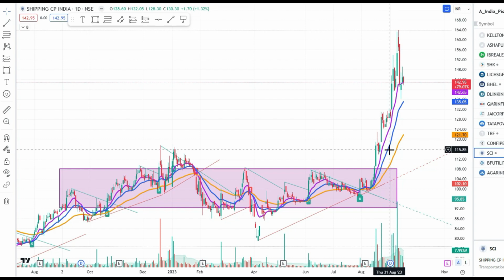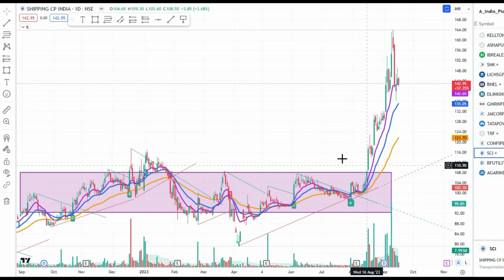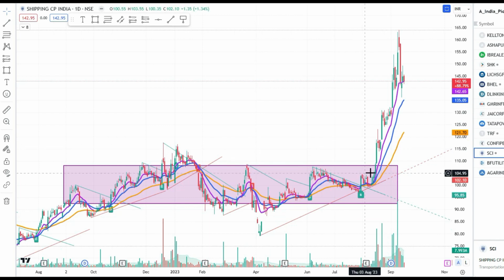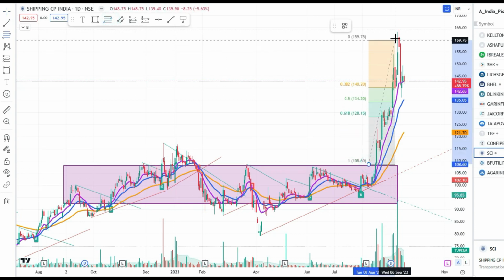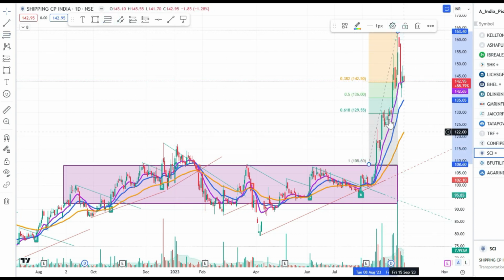It did not give any time. The market was very fast in the last few weeks. So now when people enter here, they would have to regret. Even now, if you can place your entries here, this is where I would enter, 130.